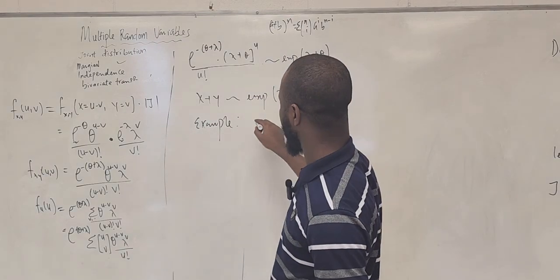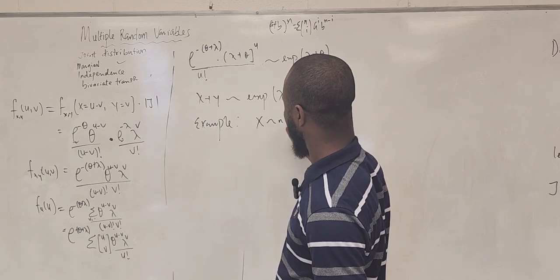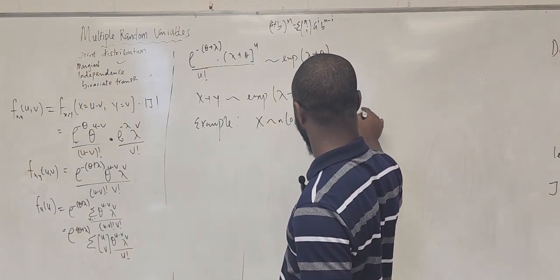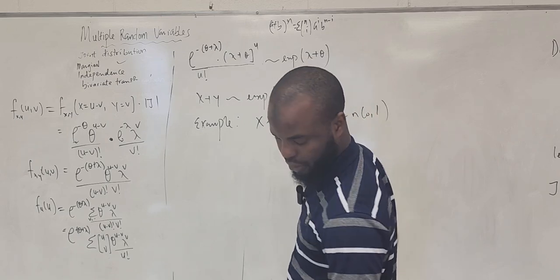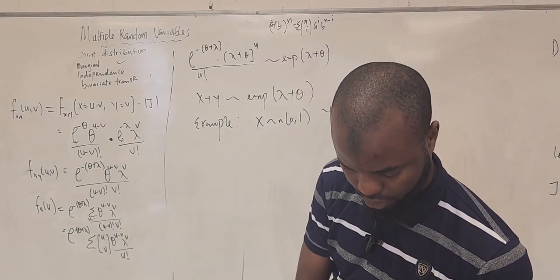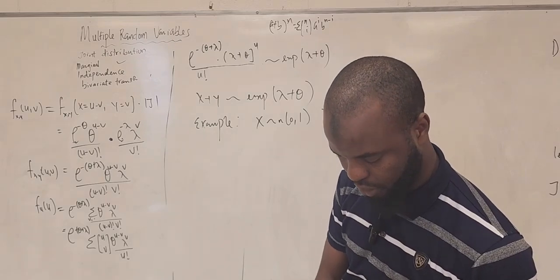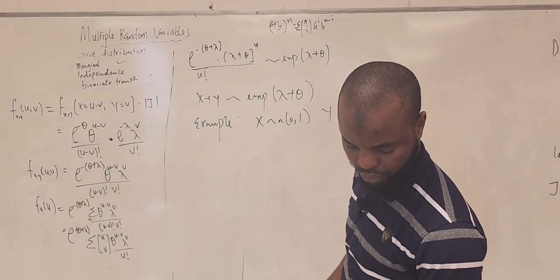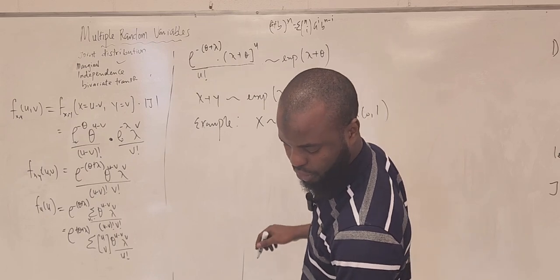Then we have x follows normal 0, 1, y follows normal 0, 1, and we have u.